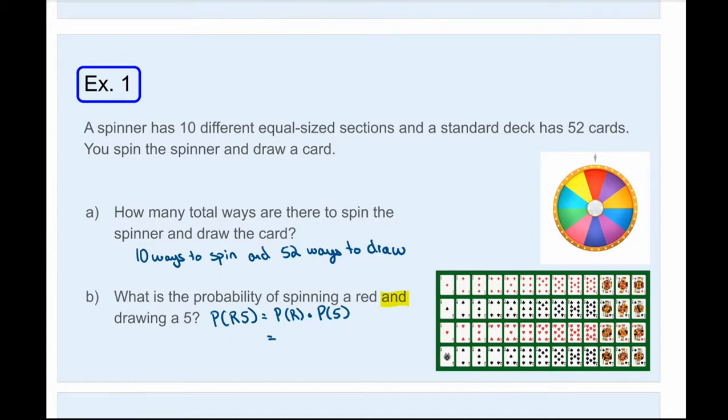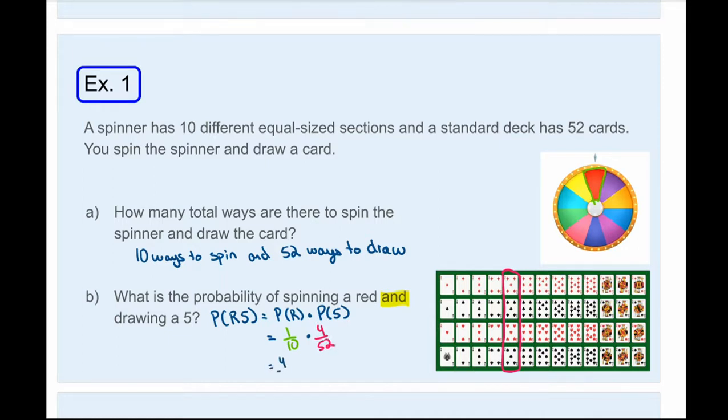The probability of spinning a red: there's only one red slice, so 1 out of 10, times the probability of drawing a 5. If I look at my deck, there are 4 fives out of 52 total cards.